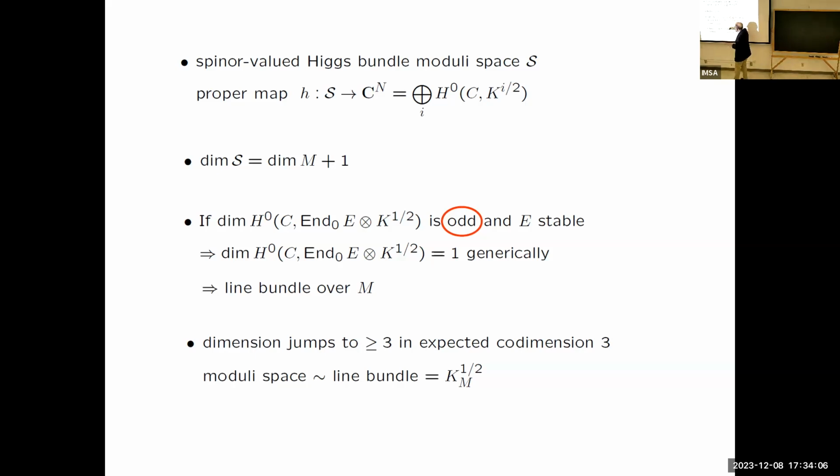So the odd and the even case is rather like looking at, let's say the even case is rather like looking at skew symmetric forms on an even dimensional vector space. Then generically it's non-degenerate, but if the determinant vanishes, which is a single condition, that's when you get degeneracy. On the other hand, if it's odd, that's like looking at a skew symmetric form in an odd number of variables.